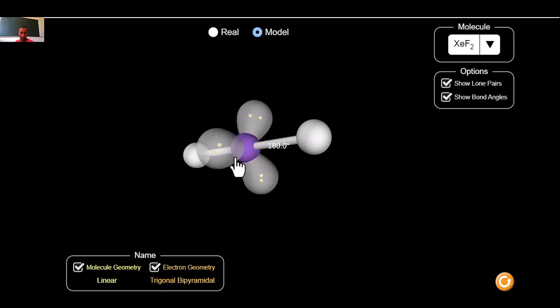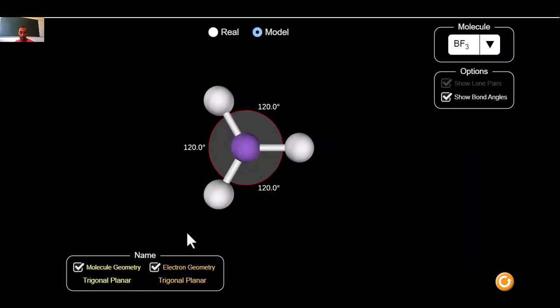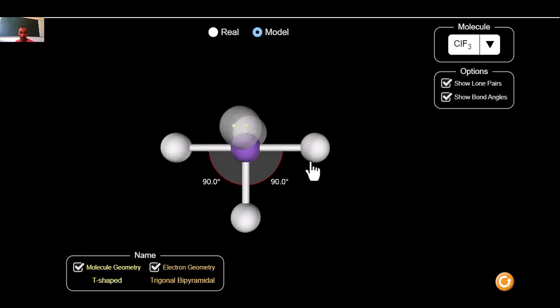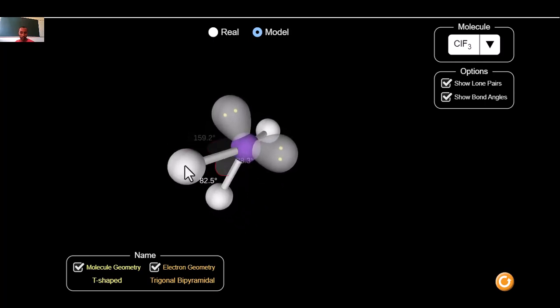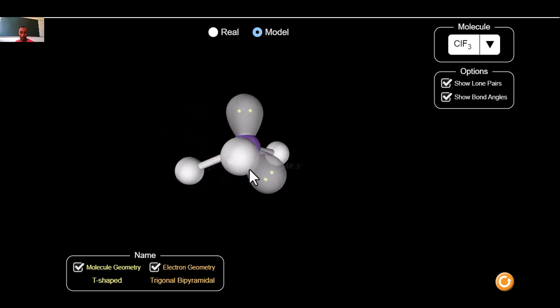So that is trigonal bipyramid, but with 2 atoms surrounding, the molecular geometry is linear, and so on. You can see molecular geometry and electron geometry for this. You can see again for this one, the angle and the molecular and the electron geometry. You can observe this one.